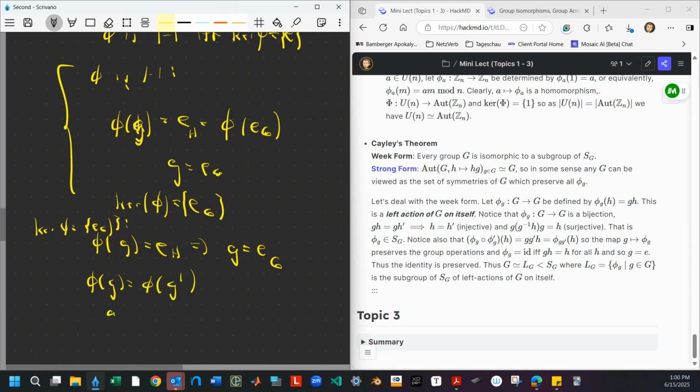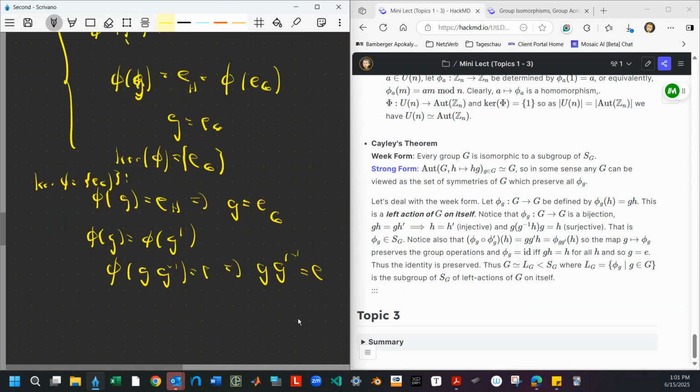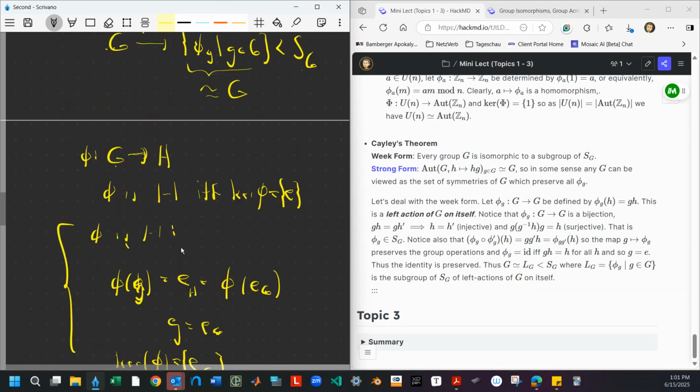Then I'm going to do the argument that I just erased a minute ago and get that phi of g prime inverse equals e. But that tells me that g prime inverse equals e, and in turn, multiplying both sides by g prime, I get that g equals g prime. So I get one-to-oneness. So if this happens, then that happens. That's where I was getting myself confused a second ago.